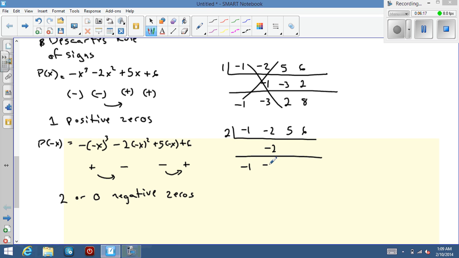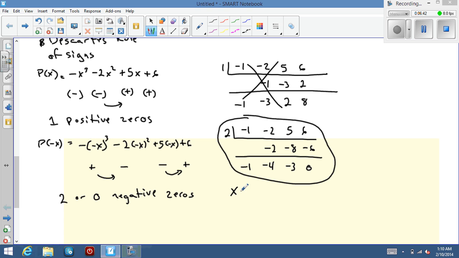Add straight down, I get -4. 2 times -4 is -8. Add straight down, I get -3. 2 times -3 is -6. Add straight down, I get 0. So this is a zero. So I'm going to circle that because I remember that that was a significant part of my work. And that tells me that I have a zero of x equals 2.